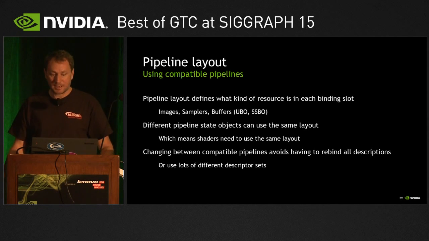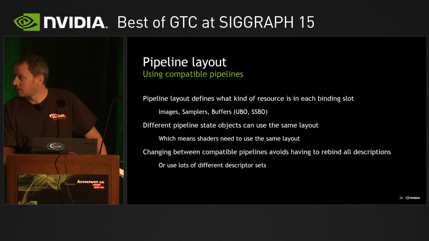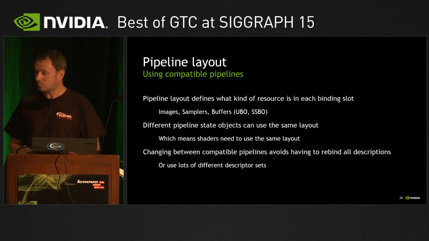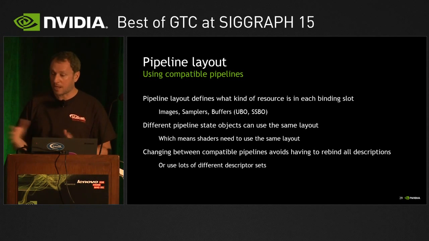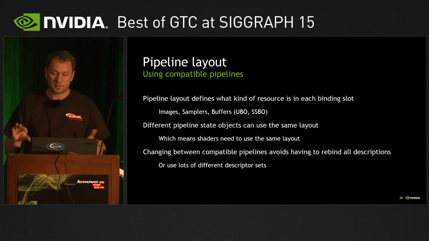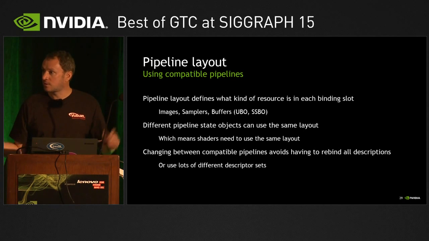Now, the pipeline layout is something that describes the mapping between shader resources and the actual resources themselves. And one of the unique properties of a pipeline layout is that it allows you to create compatible pipeline state objects, so that when you switch between pipeline state objects as you're rendering different materials or different parts of your scene, you don't have to reprogram your entire descriptor set.